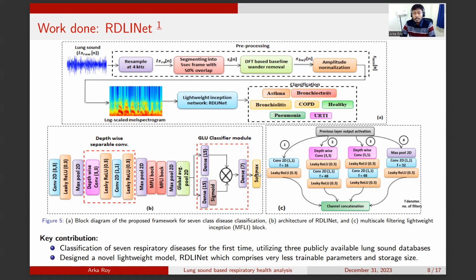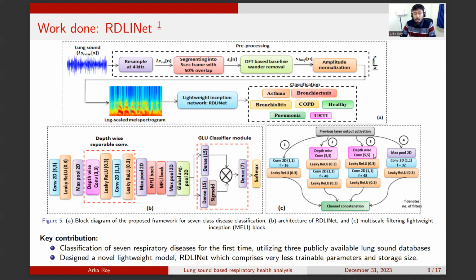Now over here, this is the MFLI block. MFLI stands for multi-scale filtering lightweight inception block. We have modified the existing inception block by introducing a modification in path 2 and path 3, which employs depthwise separable convolution, which further reduces the number of computations in the inception block itself. So that is the modification that we have done.